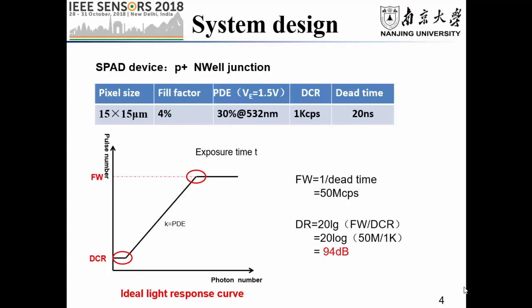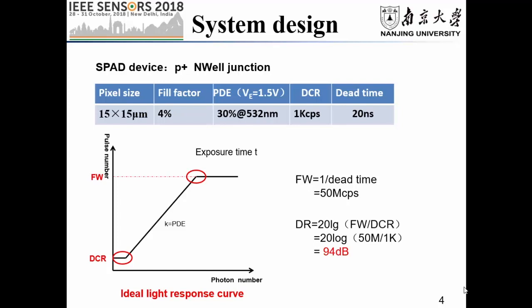The SPAD device is a P plus N well junction. The performance of the device is as follows, including pixel size, fill factor, photon detection efficiency, dark count rate, and dead time. Here is the ideal light response curve. It is limited by 2 items.